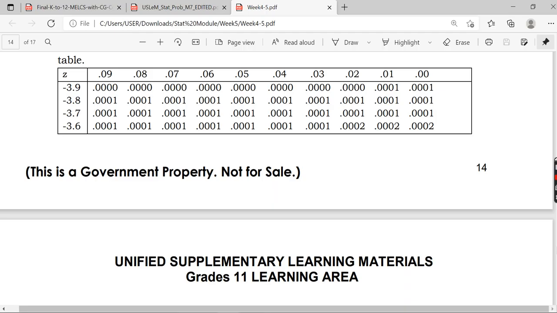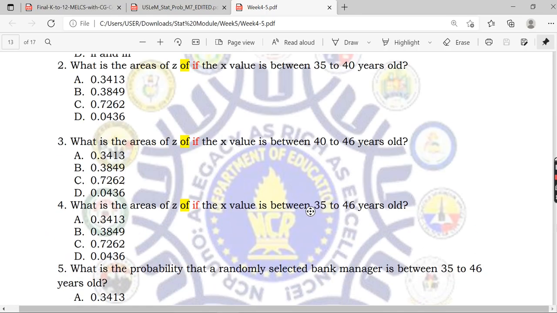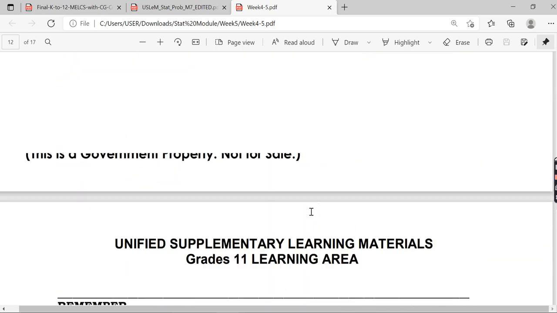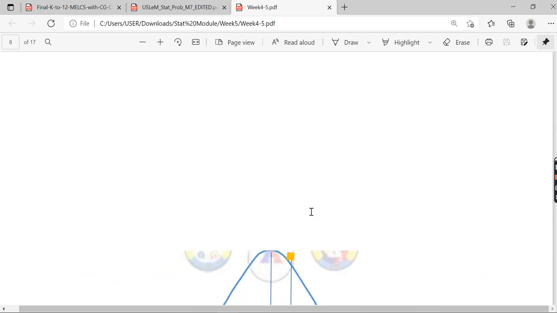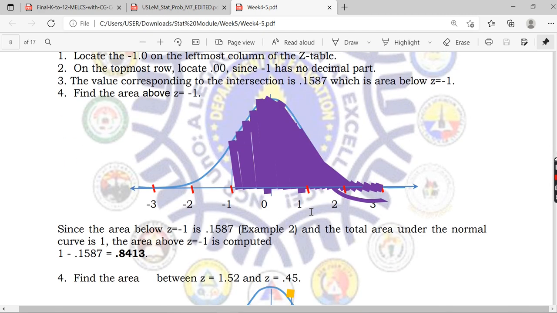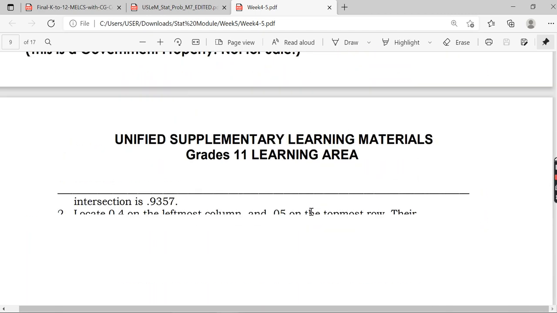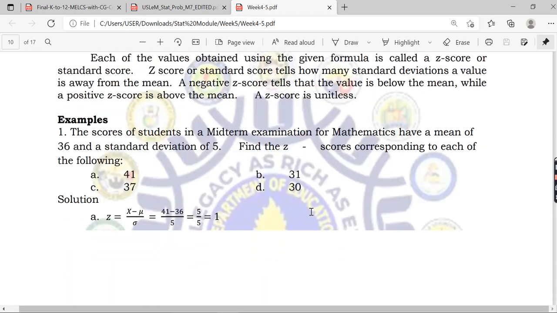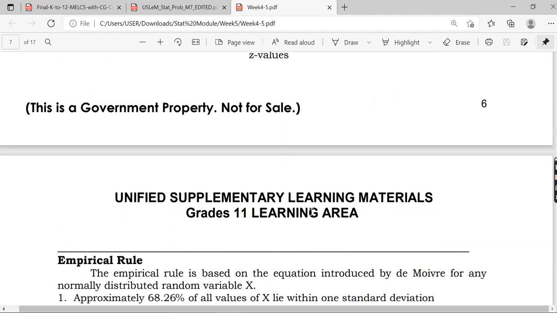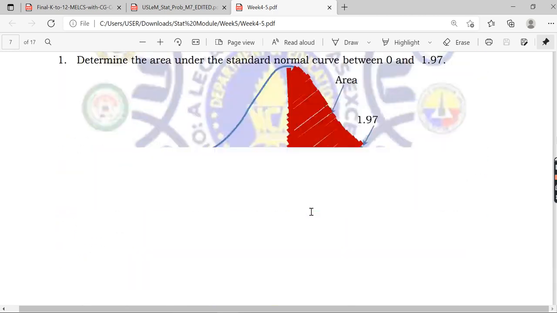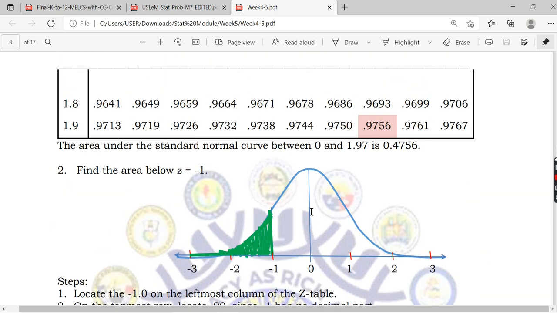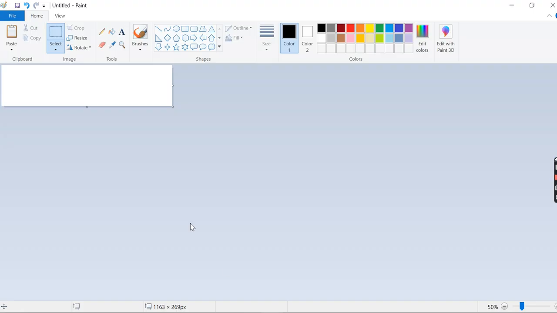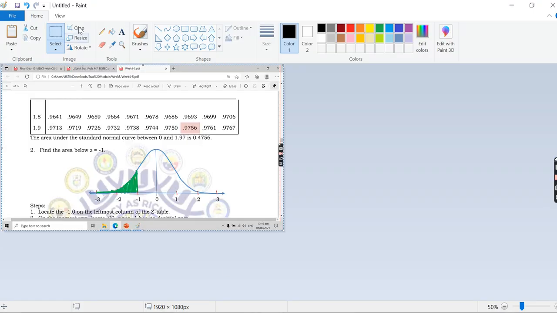Now, I think this is the right time to graph it, but I forgot to prepare a graph. So let me look for a simple graph here. This was the previous module that we used. Let's look for a good graph. Right, I think this one is good. Let me grab that first.